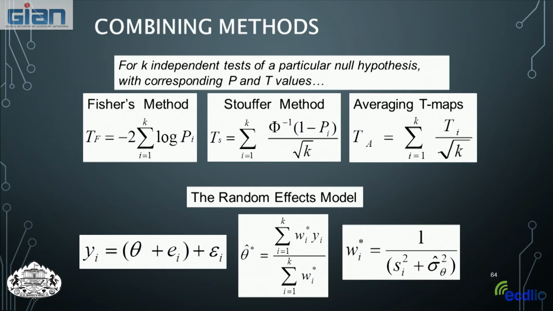So the top row here just shows some of the different techniques that can be used to combine the statistical information. These could include Fisher's method, where you're using this computation of the p-values. You could use Stouffer's method, where you're combining p-values, or you could even use an averaging of the t-maps across subjects, right?